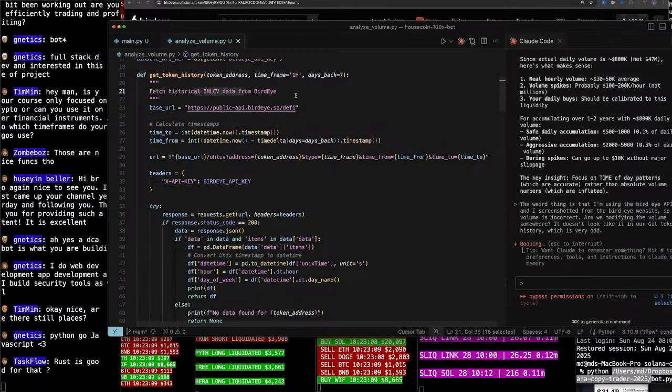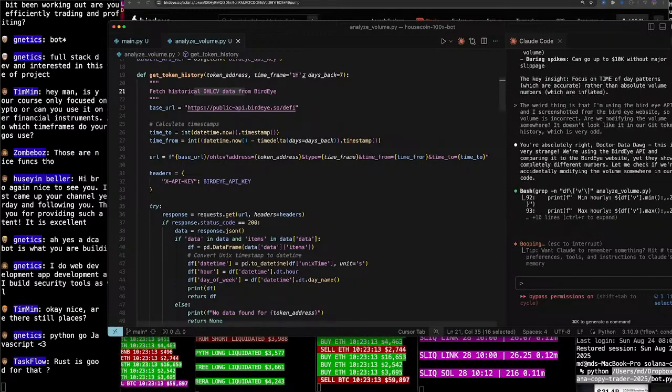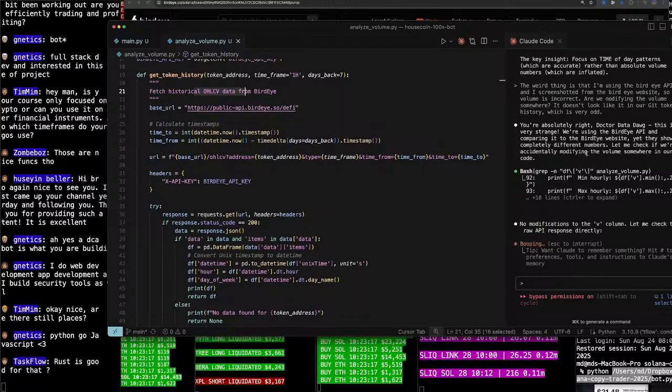Fetch historical open, high, low, close volume data from Bird Eye. Okay, 1 hour. You're absolutely right, Dr. Data Dog. This is very strange. We're using the Bird Eye API and comparing it to the Bird Eye website, yet they show completely different numbers. Let me check if we're accidentally modifying the volume somewhere in our code.